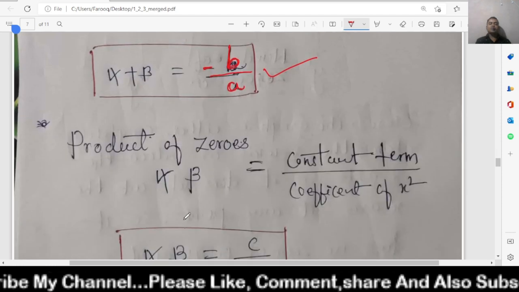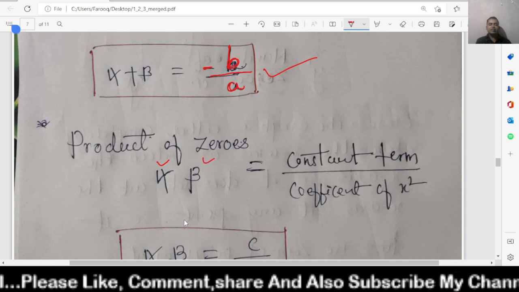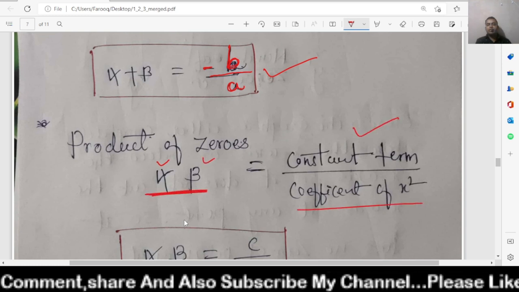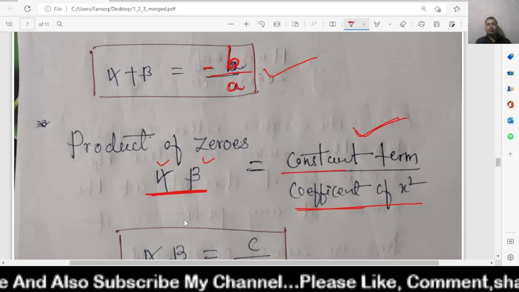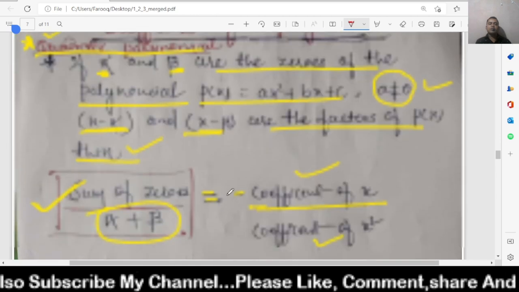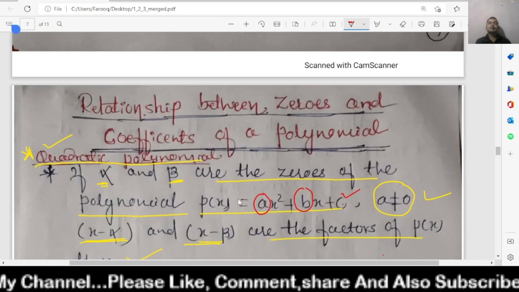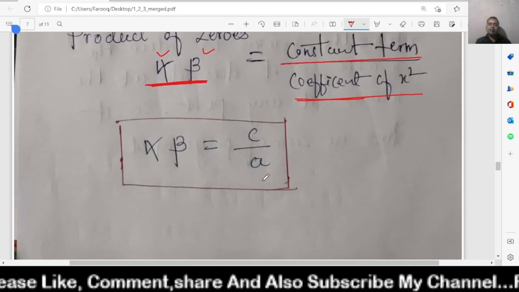And the product of the zeros of the quadratic polynomial: alpha is one zero and beta is another zero. Their product, alpha into beta, is the constant term divided by the coefficient of x square. What is the constant term in the polynomial? c is the constant term. So it is c divided by a, the coefficient of x square.